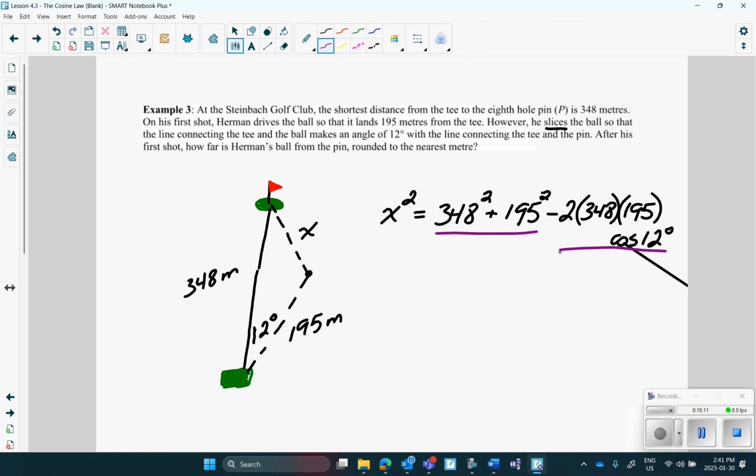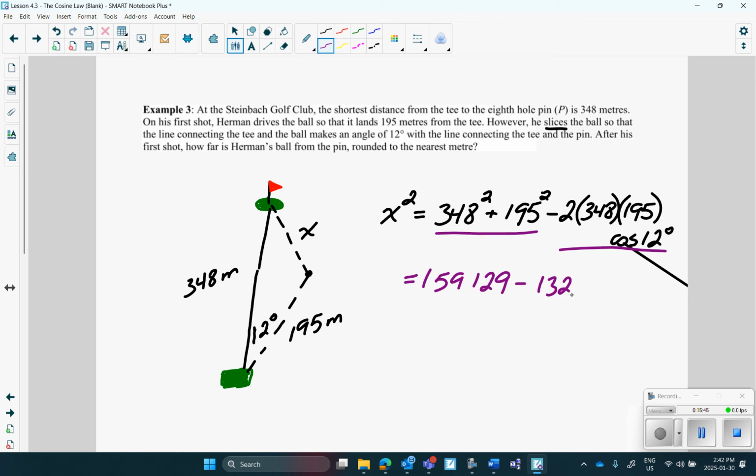If I did 348 squared plus 195 squared, I'm going to get 159,129 minus 2 times 348 times 195 times the cos of 12, and go to 1 or 2 decimal places.